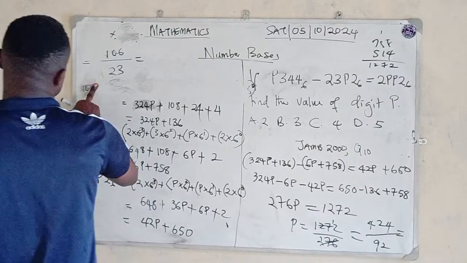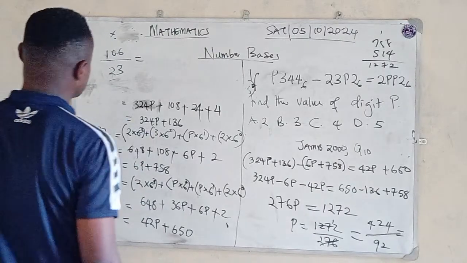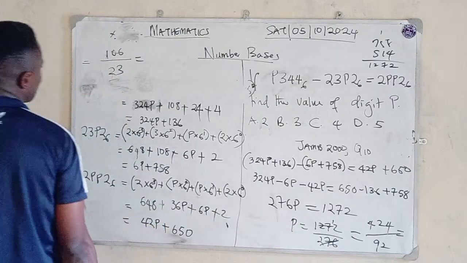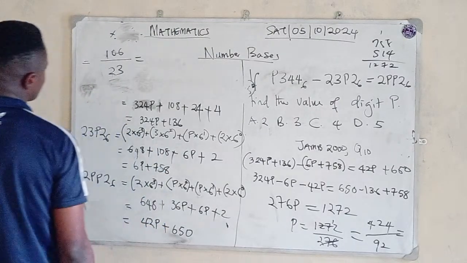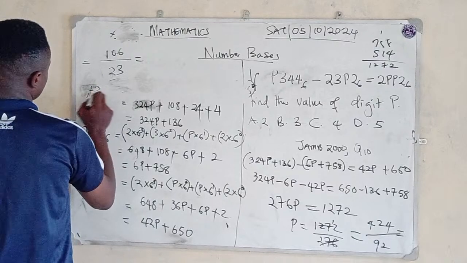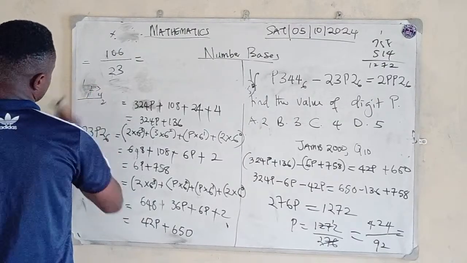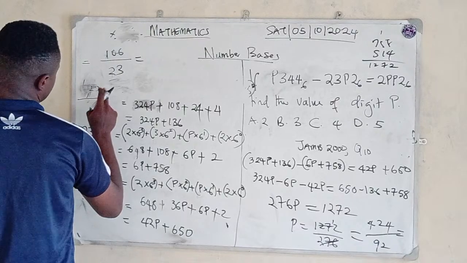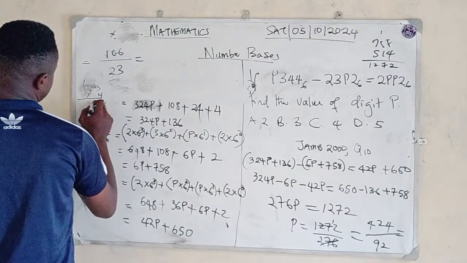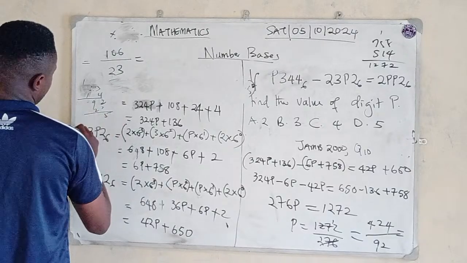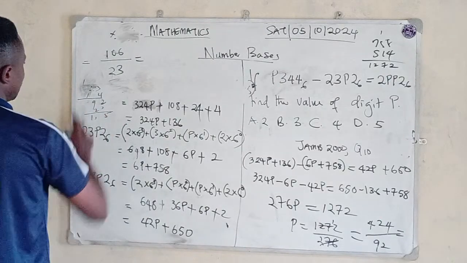This is giving us 4 point something. It's giving us 4, because 23 times 4 is 92. Plus 23. 4 point.